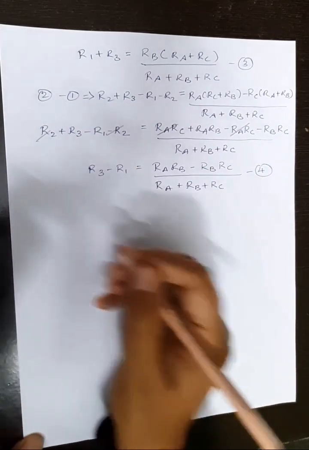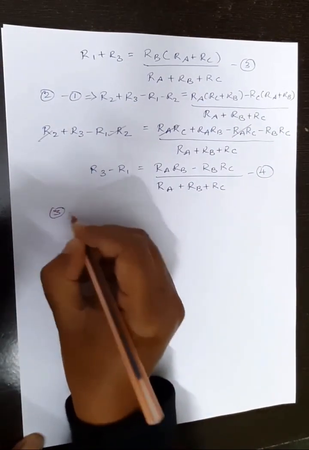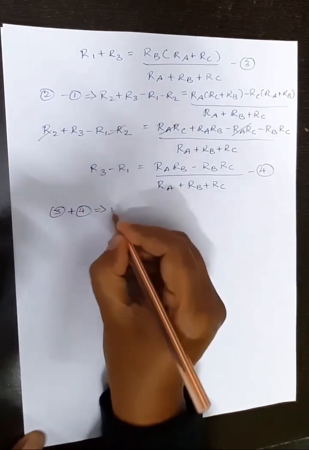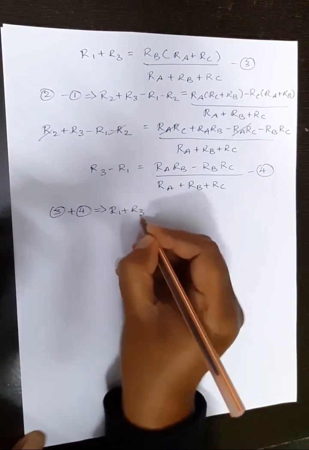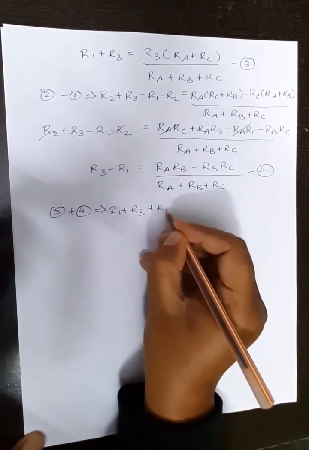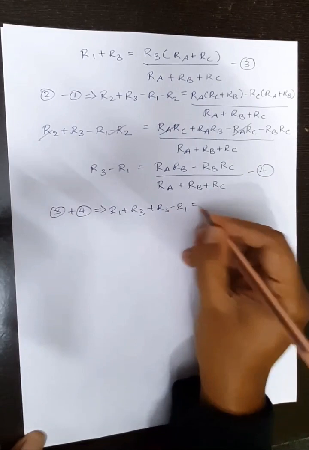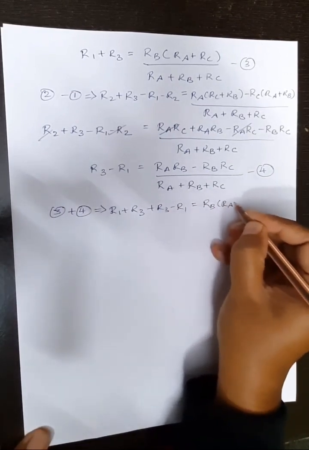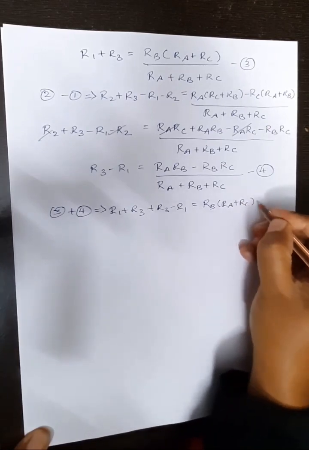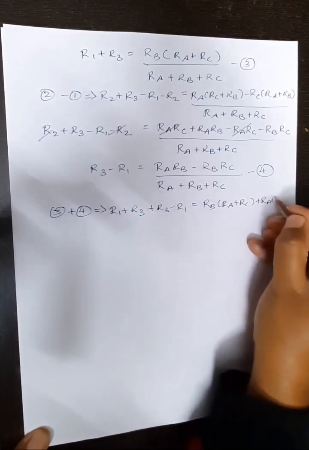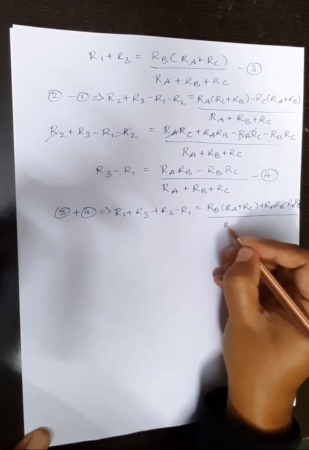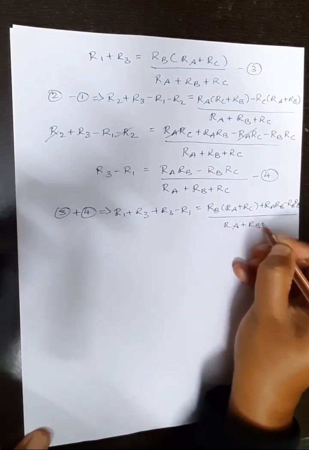Now, equation 3 plus equation 4 implies R1 plus R3 plus R3 minus R1 which is equal to RB into RA plus RC plus RA into RB minus RB into RC whole divided by RA plus RB plus RC.